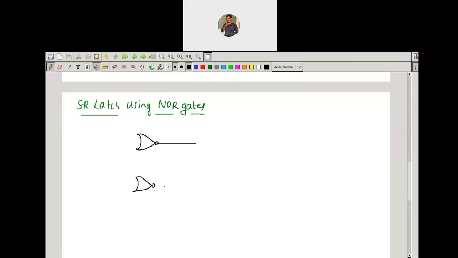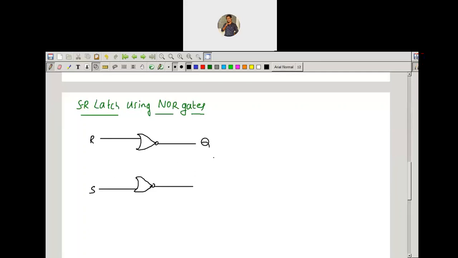So these are the NOR gates, my dear students. Try to adjust with the diagrams. Don't bother about the diagrams. It's going to have two inputs, S and R, and the output is a Q output.